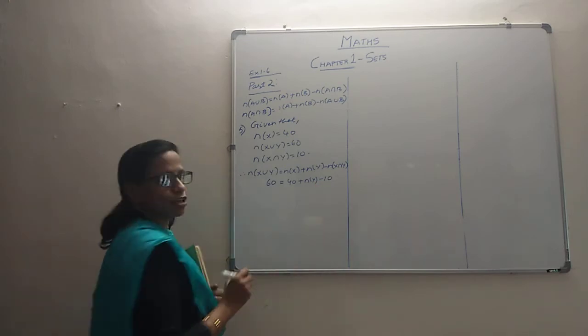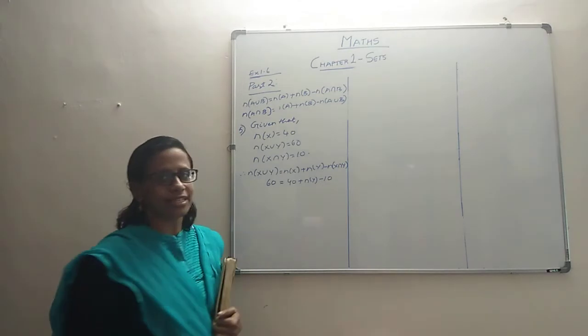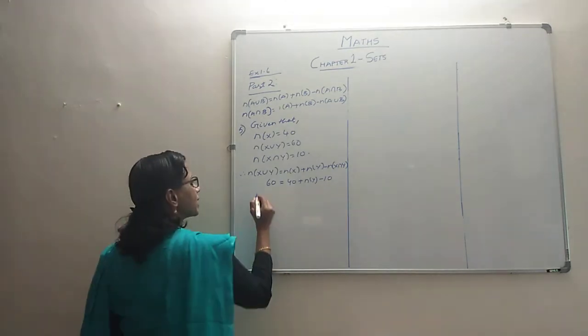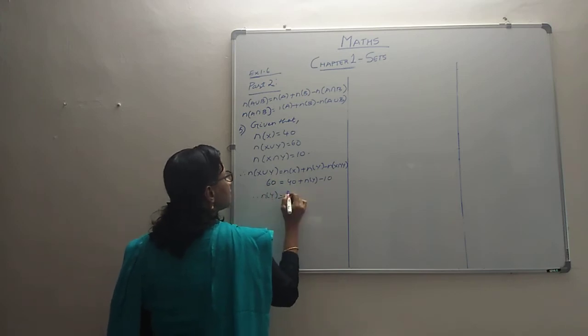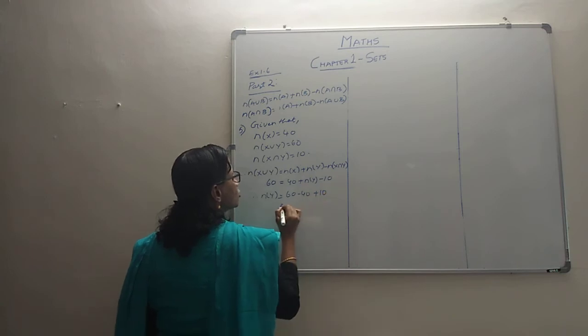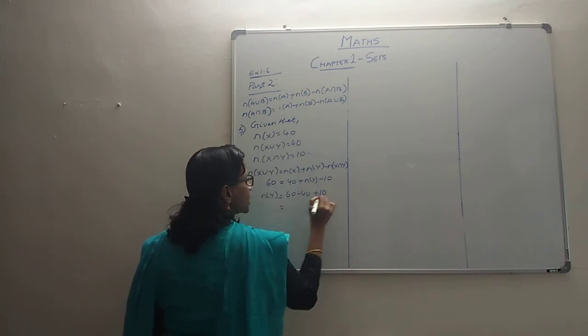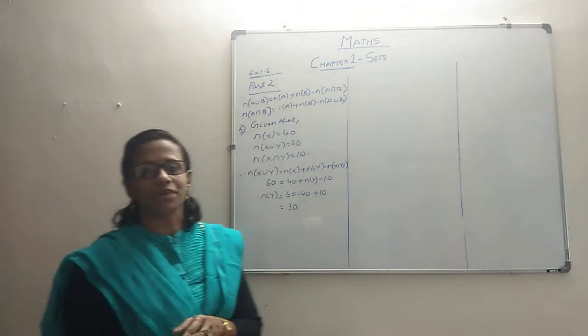To get n of y, let's keep n of y here and take all the other terms to the other side. Plus 40 becomes minus 40, minus 10 becomes plus 10. So you have 60 minus 40, 20, 20 plus 10, 30. So the number of elements in y is 30.